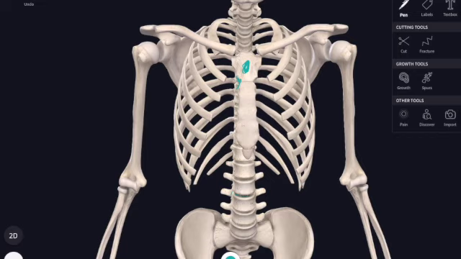The jugular notch is that middle piece. The body of the manubrium is this long piece. And the xiphoid process is this little spot down here. Okay.